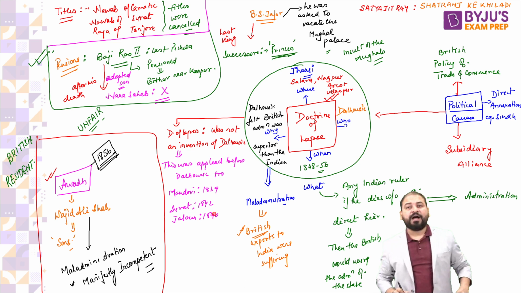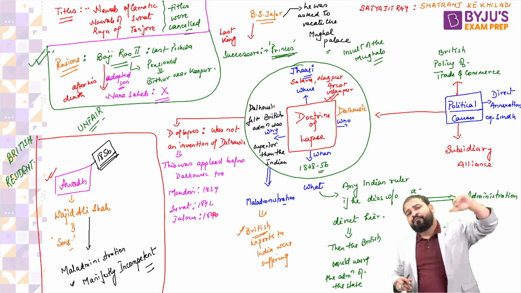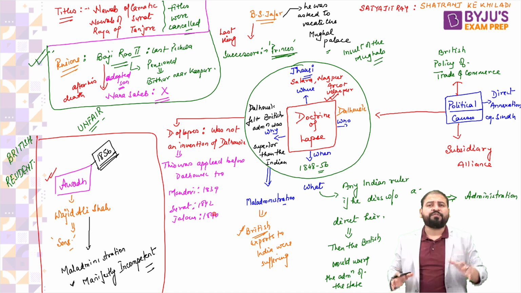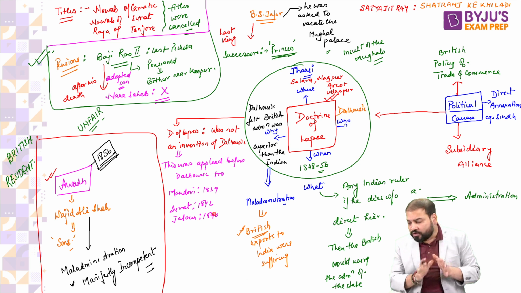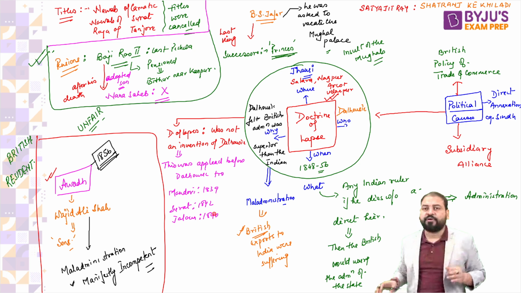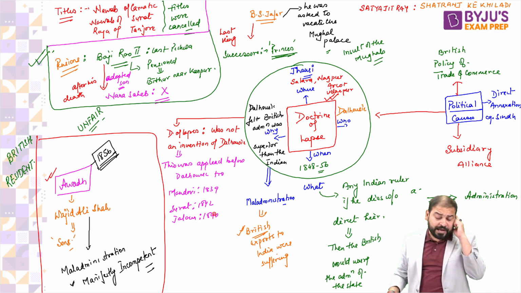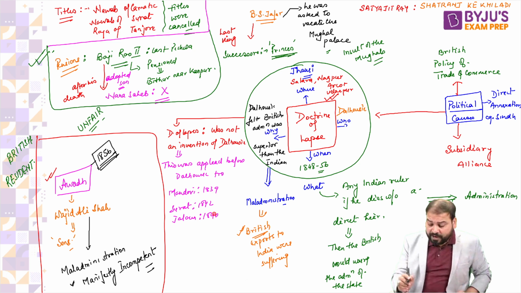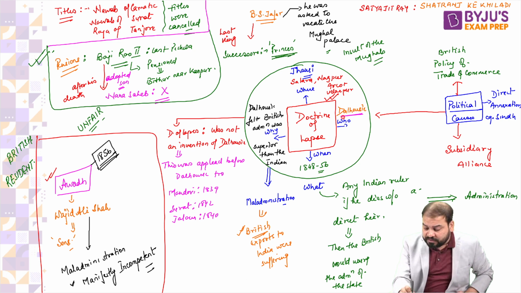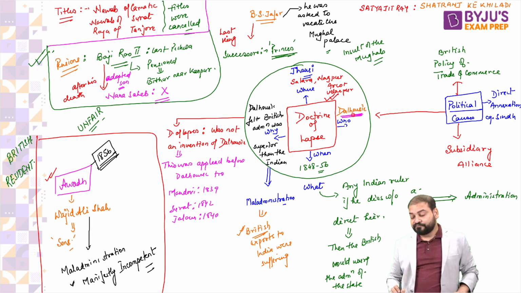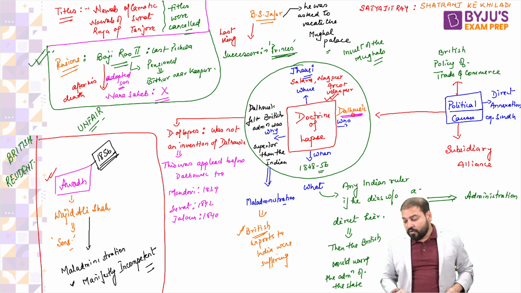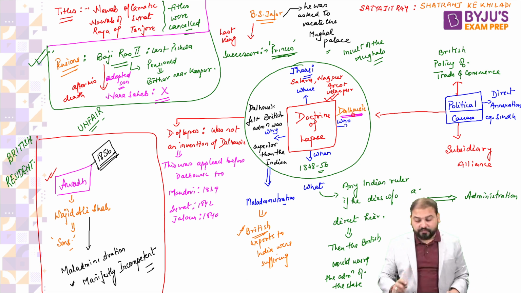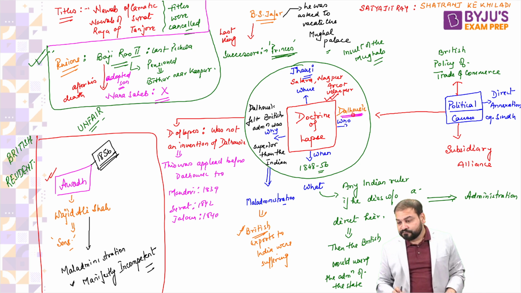So everyone, I'm saying that even before Dalhousie, this policy was used in a few examples. So all of you, tell me one thing, very simple question. If it was applied before Dalhousie, why do we give credit of this policy to Dalhousie?